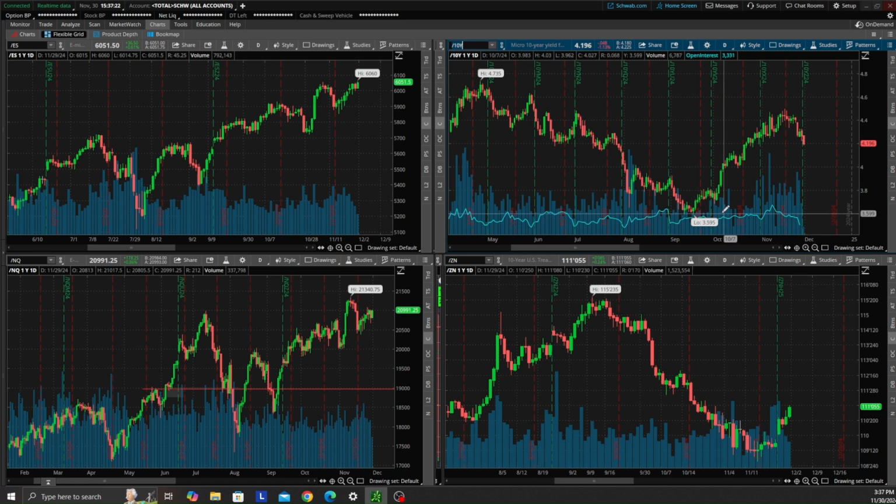Okay, so now we saw the 10-year yield go up because if people are going to move their money into riskier and riskier investments, the yields have to go up to attract buyers, right? So down here, nobody wants 3.8%. So these yields got to come up to attract people to buy. It's an auction.